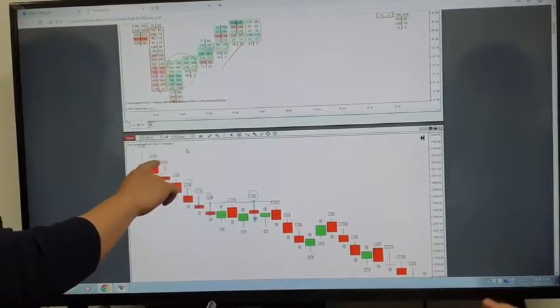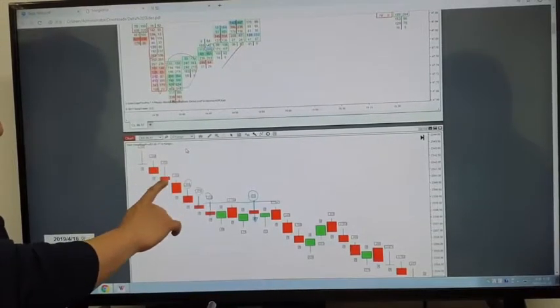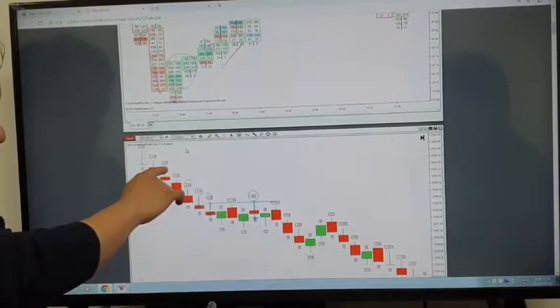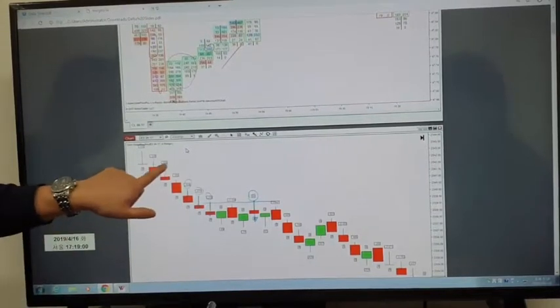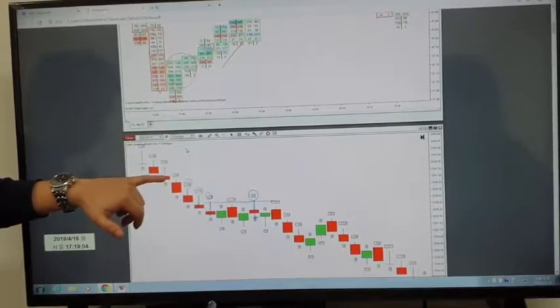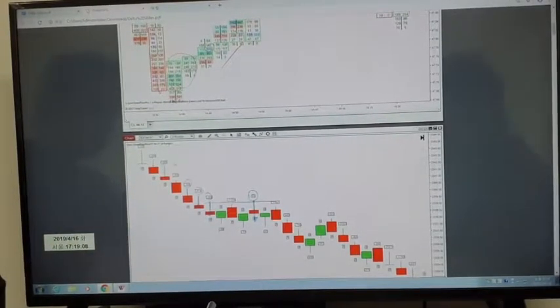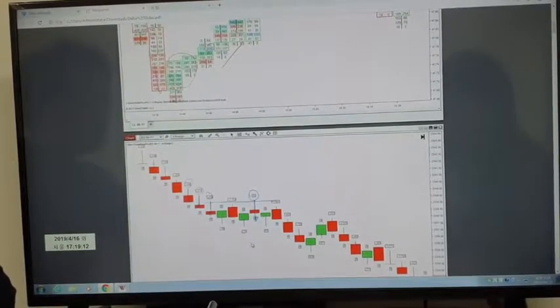It means 153 contracts traded to push the price from high to close. On the way down it's all negative numbers, but here you see a positive number.